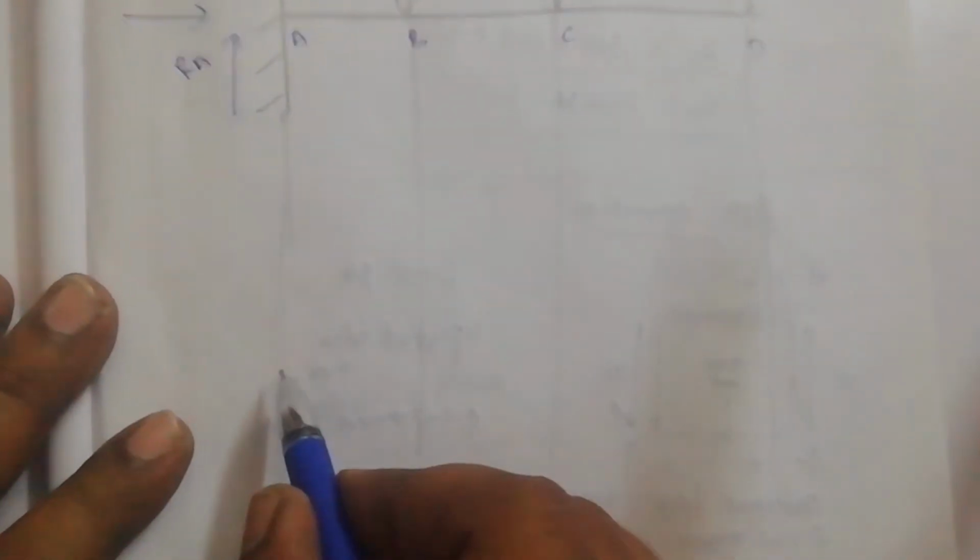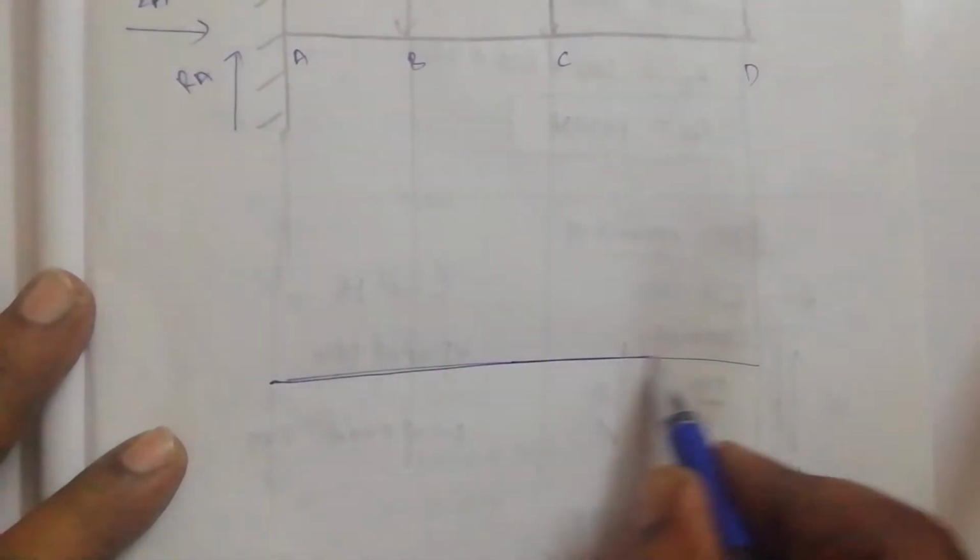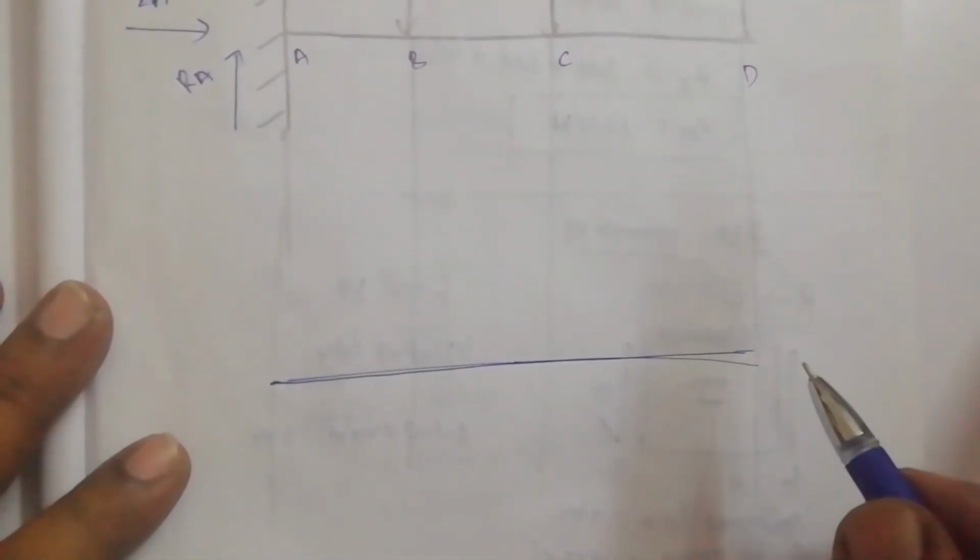Let us go on to draw the shear force diagram. Once you solve this problem, go directly to shear force drawing. This is the diagram; I have left a page for that. You can use a pencil or a pen.